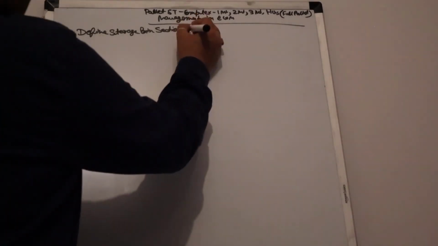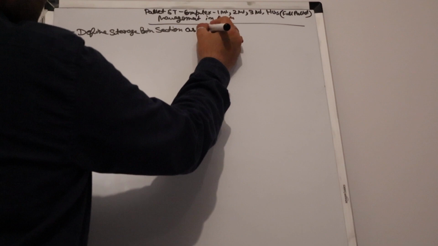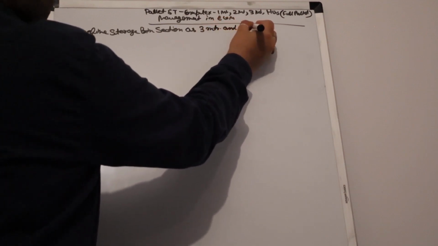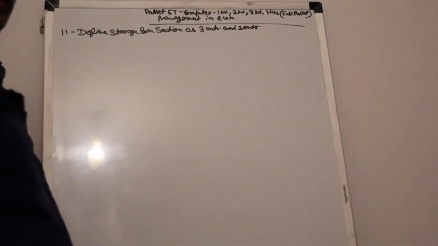Okay, sections as 3 and 2, as 3 meter and 2 meter sections. Then in this section the bin will sit, and inside the bin we will put our handling unit.